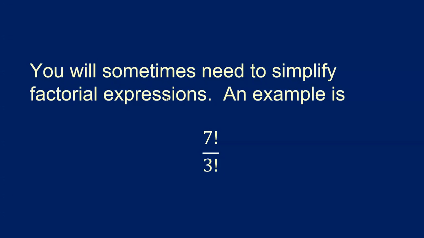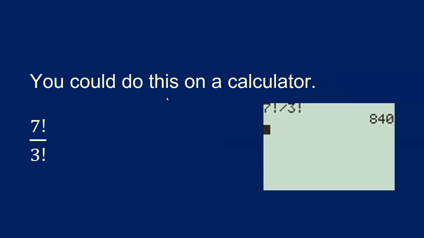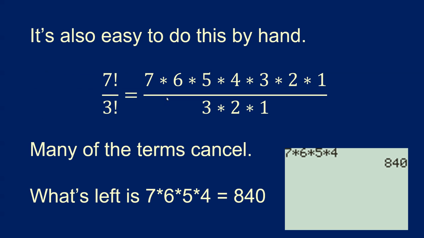One of the things that you're going to be asked to do in assignments is to simplify expressions that have factorials in them, like, for example, 7 factorial over 3 factorial. It's very easy to do that on a calculator. You could just literally type that in, and it tells us the answer is 840. But it's actually almost easier to do just thinking through what factorials mean. 7 factorial is 7 times 6 times 5 times 4 times 3 times 2 times 1, and 3 factorial is 3 times 2 times 1.